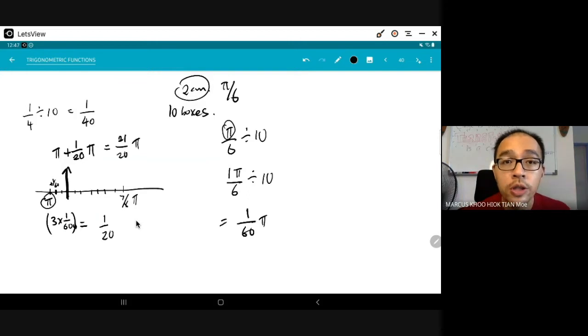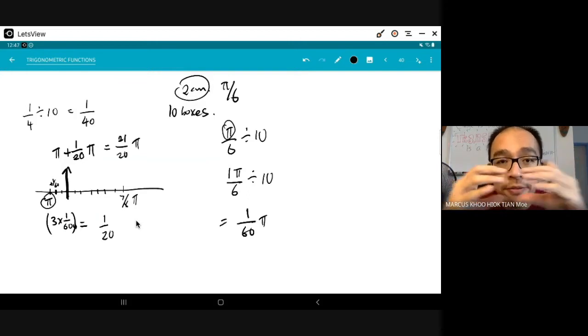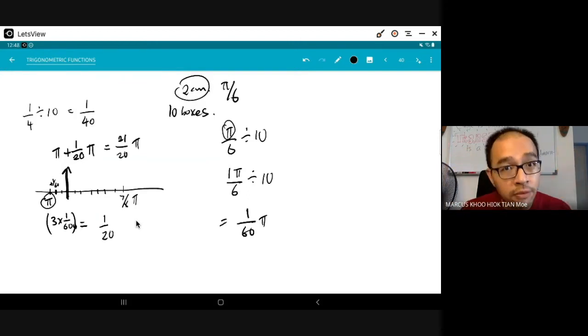Okay, so the principle of dividing the 10 boxes is a very important principle. You not only use this in this math, in the case of pi, but you also use it in Form 4 math. How do you divide every box so that you know this is 0.1, 0.2, or is it 0.05, 0.1, 0.15, and so on?